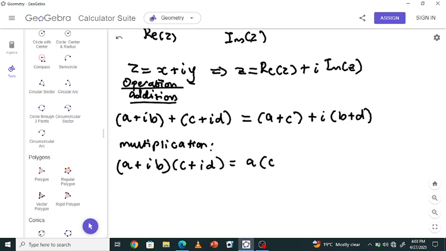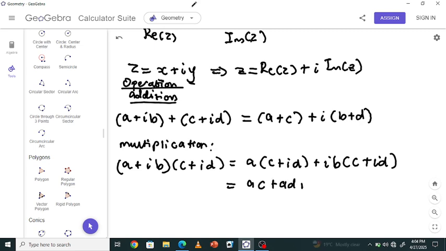We will have a into c plus id plus ib into c plus id. We open the brackets. We will have ac plus ad, but now that has the i, plus bc, we have an i, plus bd i squared.